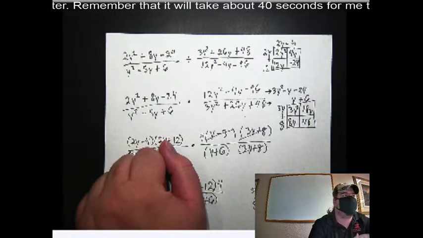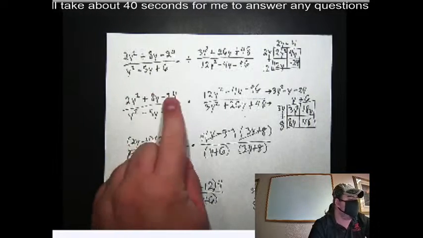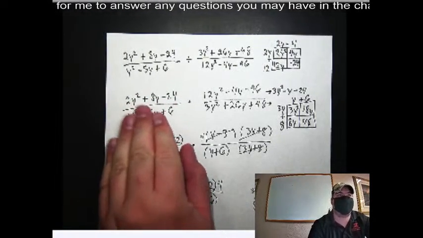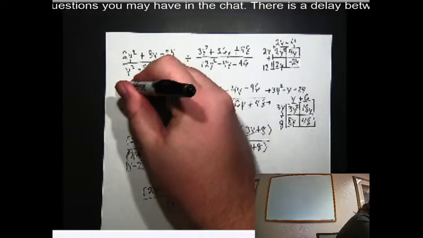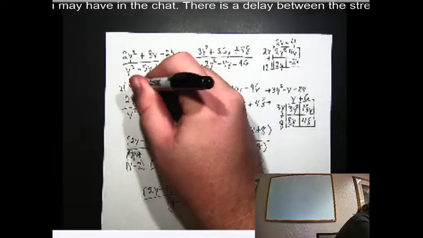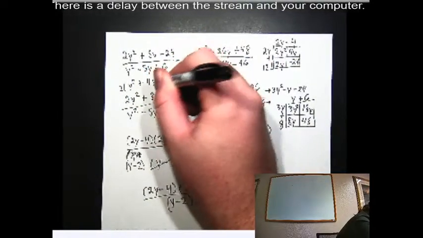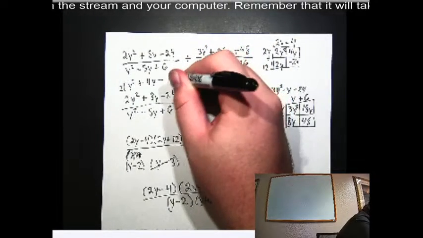That's why you should always start by trying a GCF. See if these can all be divided by something. See if you can simplify it. So let's try this one more time. If we divide by 2, that gives us 2 times y squared plus 4y minus 12.